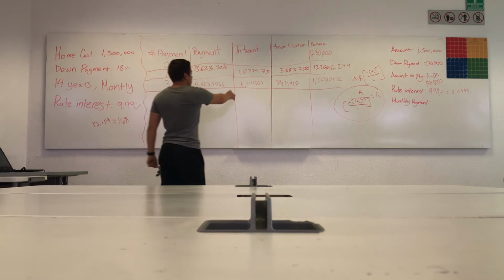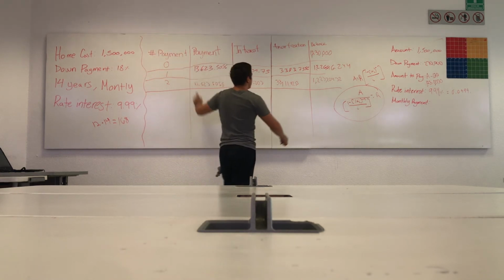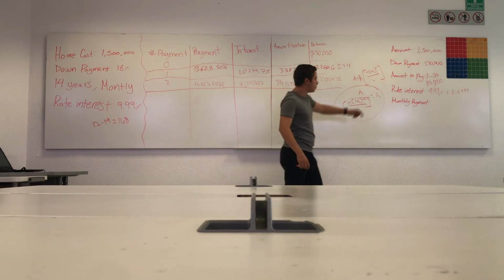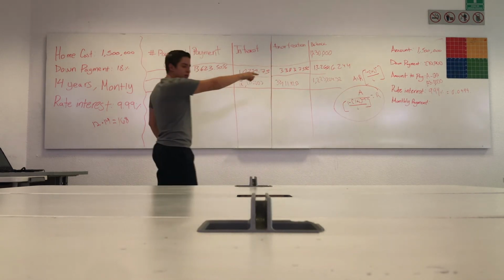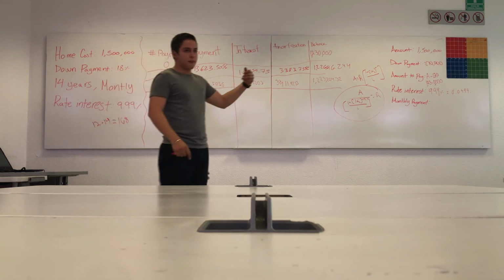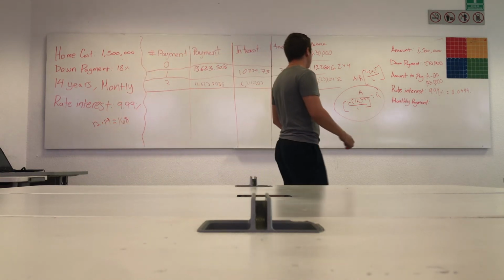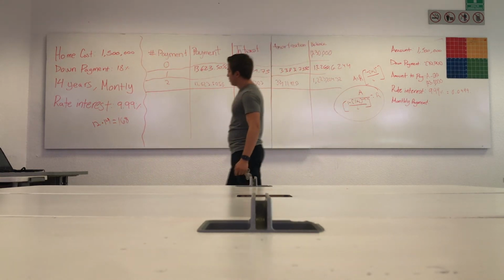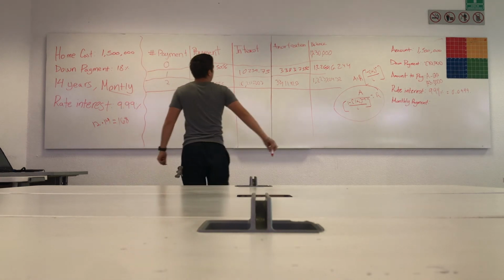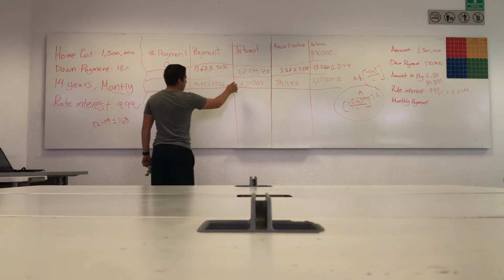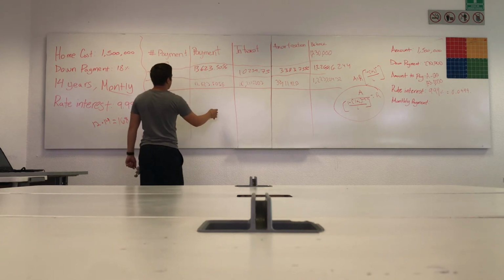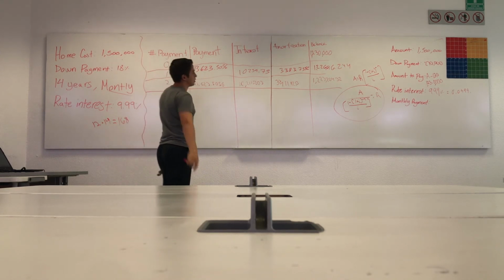For the interest, you use the balance of payment number 0, that is the amount to pay, multiplied by the interest rate in decimal form, then you divide it over 12 because it's monthly. The amortization you get by subtracting the interest from the payment.